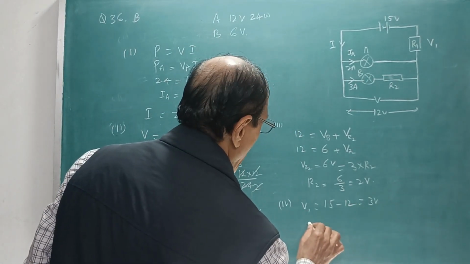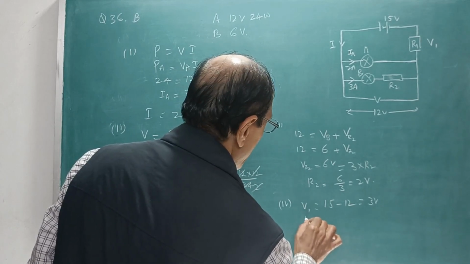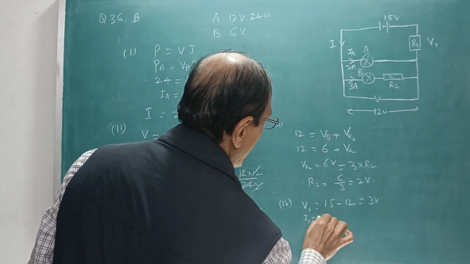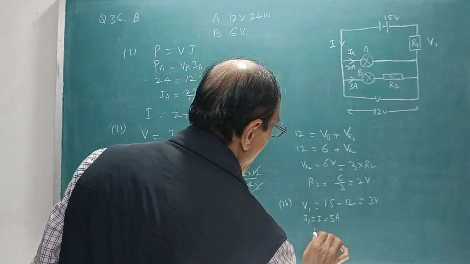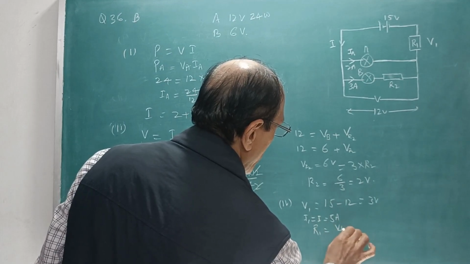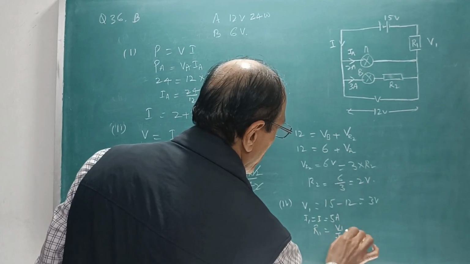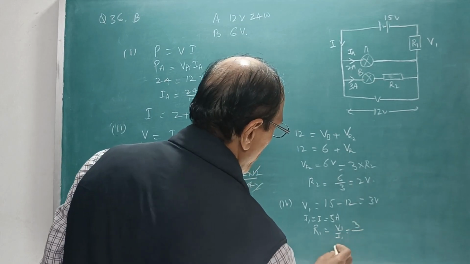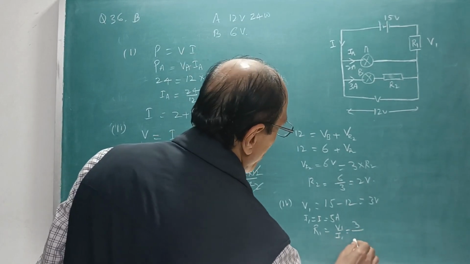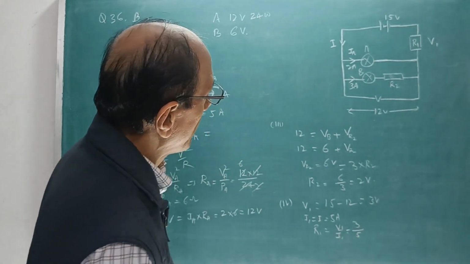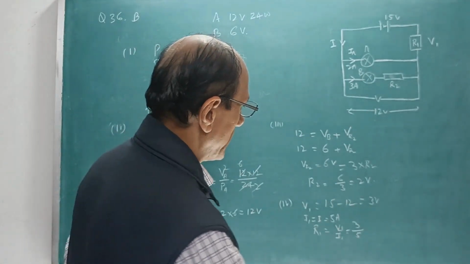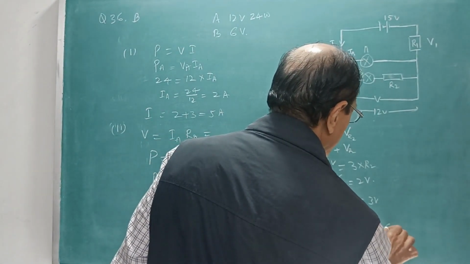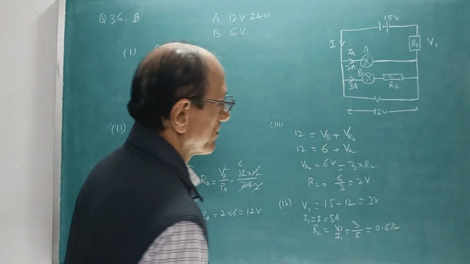And I1 is same as I, that is equal to 5 ampere. So R1 will be equal to V1 by I1, that is 3 volt upon 5, that is 0.6 ohm.